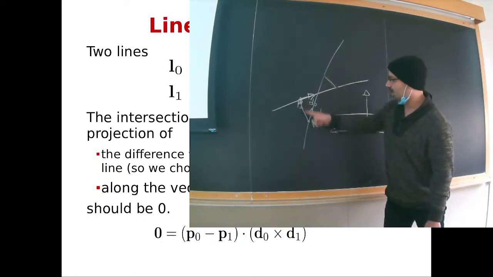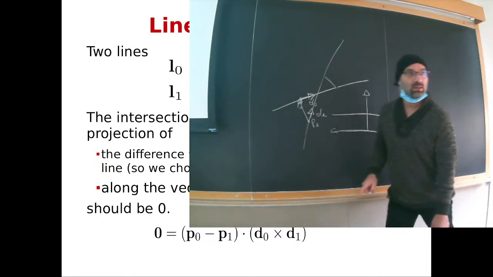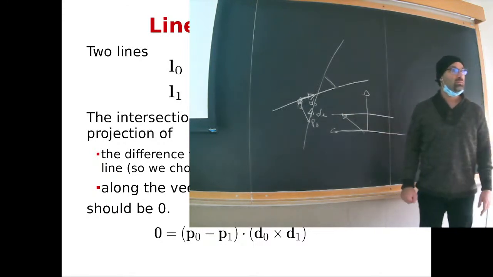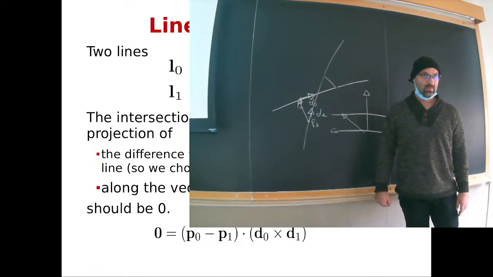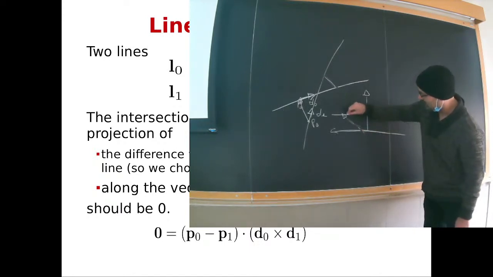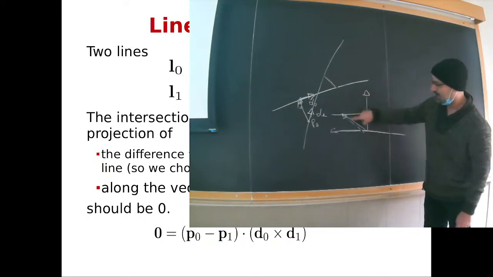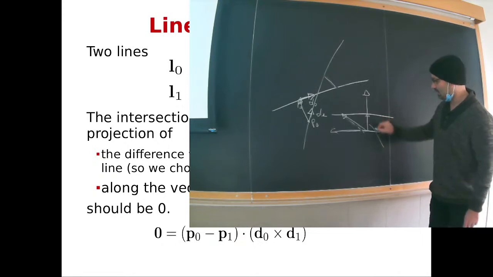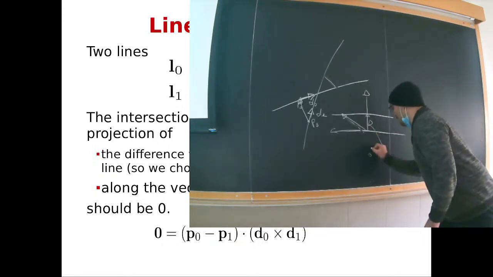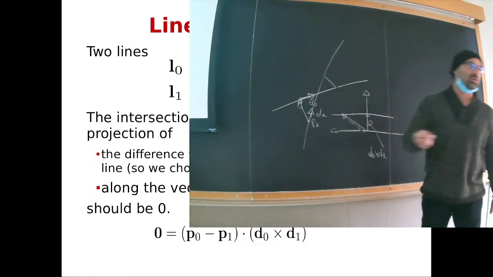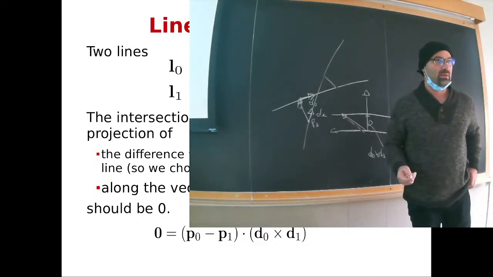And how would I see this vector P0 minus P1? Well, I would see something like that. In particular, if I take P0 to be the origin, I would see something like that. So this vector over here will become D0 cross D1, or D1 cross D0 if I want to flip it, it doesn't matter really.